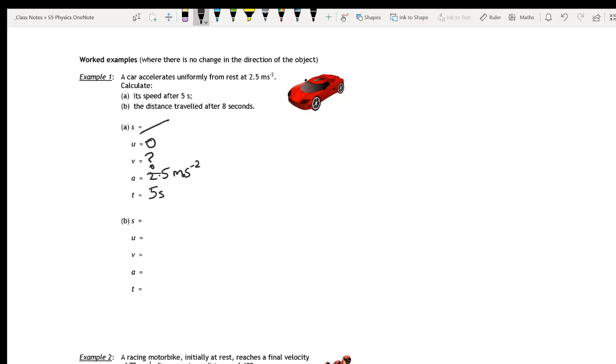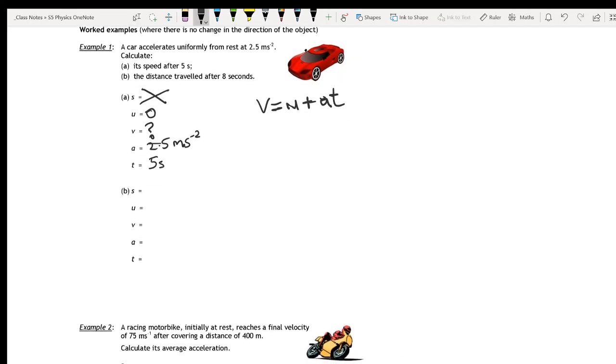We are not told anything about S in part A. So we need to look at those equations again, and we need to find out which equation uses V, U, A, and T. And that is the first one, V equals U plus AT.